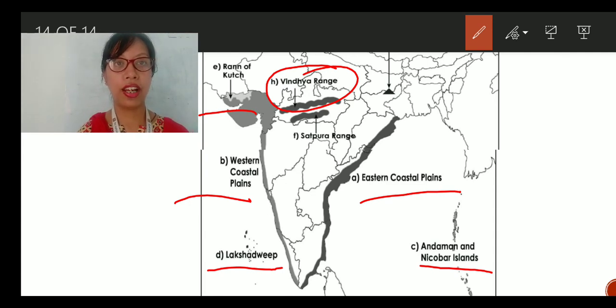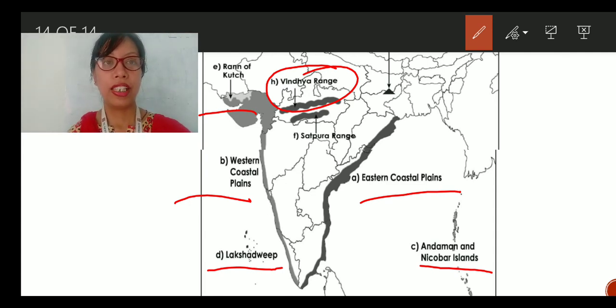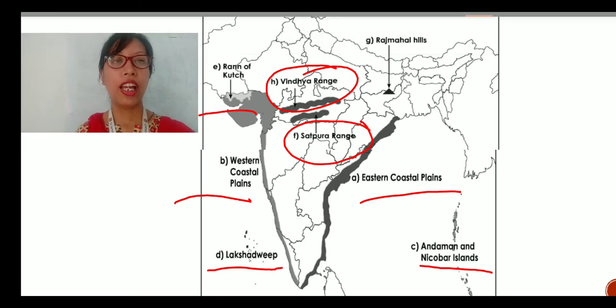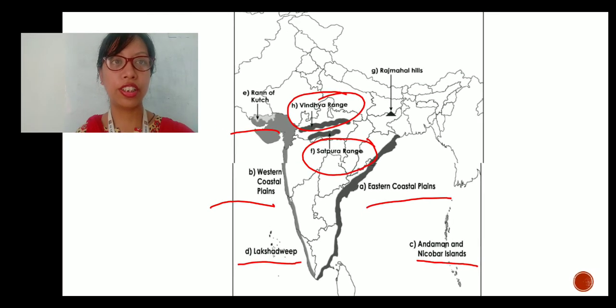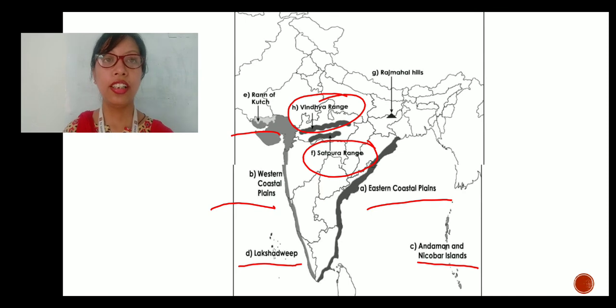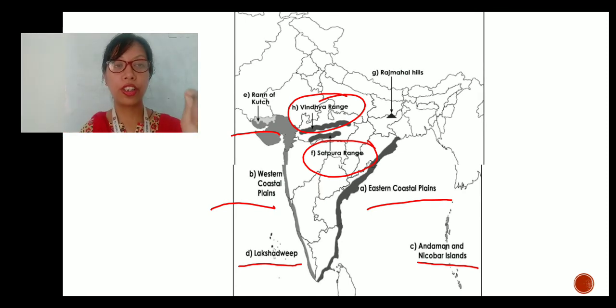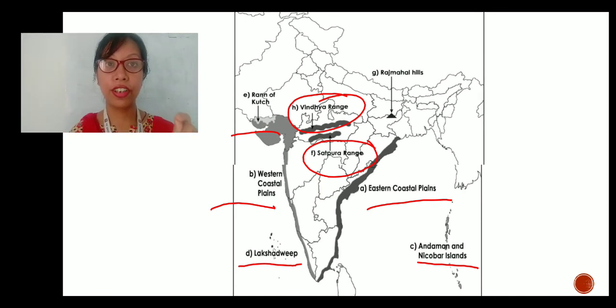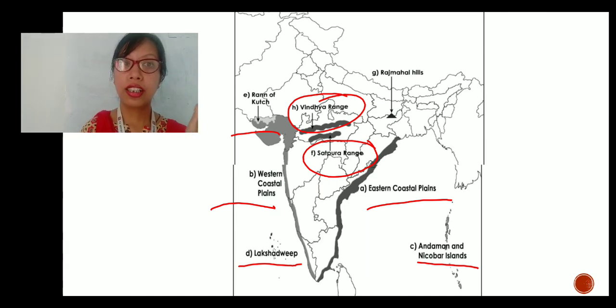Before going to the Vindhya Range, after Rann of Kutch, we have Satpura Range and then Vindhya Range. Okay. And then the last is the Rajmahal Hills. Clear? So put it accordingly. And this is very important, where the locations are situated. Please try to remember each of the locations carefully.